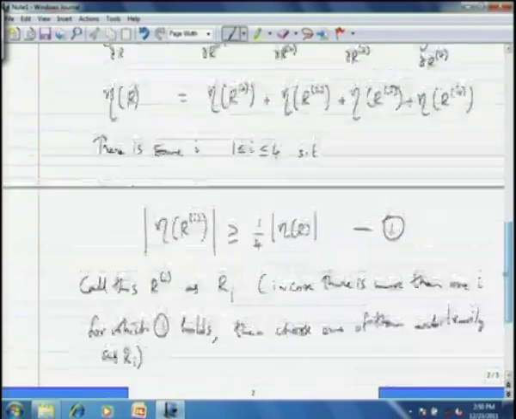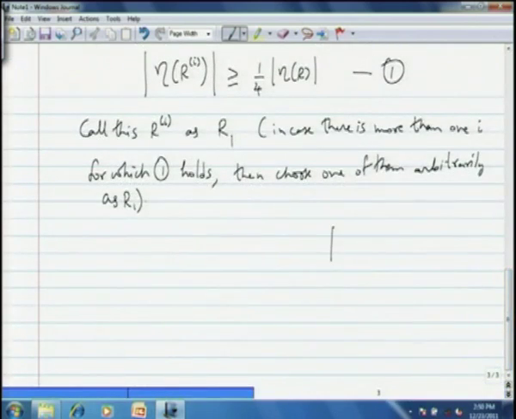In that event, you take R_1 and do the same: divide it into 4 equal pieces, and continue the process.